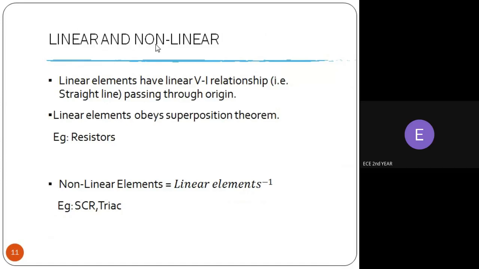The voltage and current relationship cannot be defined by a straight line passing through the origin, and it can vary in any direction at any time, depending upon the element. Examples of non-linear elements are the diode, transistor, zener diode, triac, SCR. All the semiconductor devices come under these non-linear devices or non-linear elements.